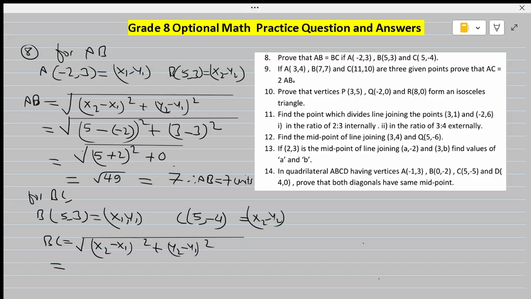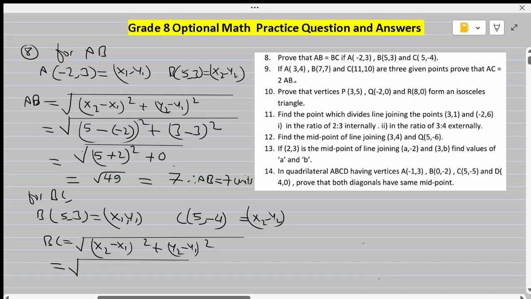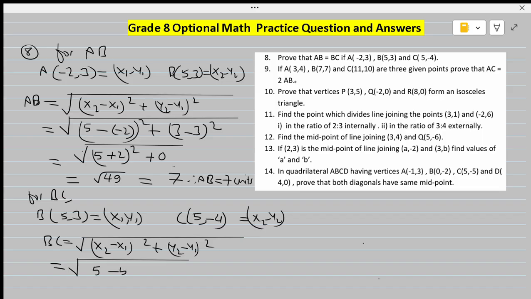Now let's calculate the value, and for that we have to put in the values first. Here x2 we have 5, and x1 we have again 5. And y2 we have -4, and y1 we have 3.